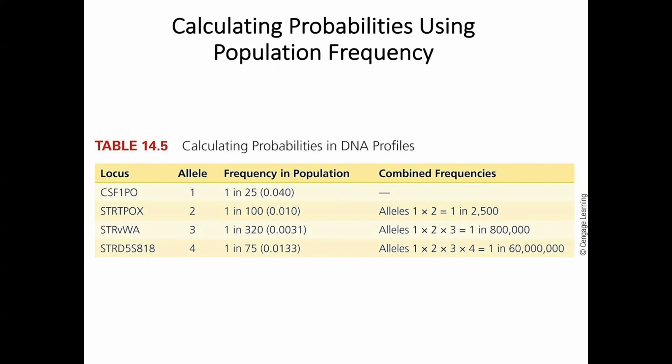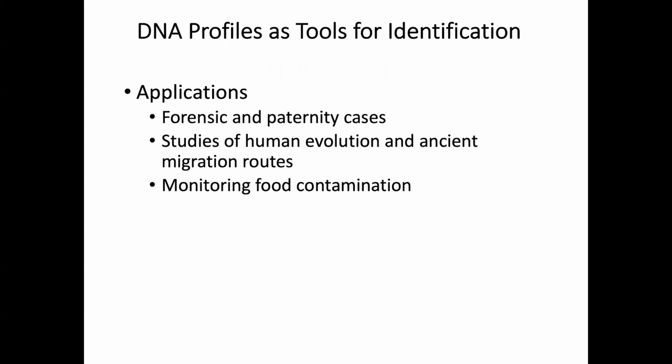Therefore, DNA profiling is a highly sensitive and accurate technology for genetic determination. Because of its accuracy, DNA profiling can be used as a tool for identification of forensic and paternity cases, studies of human evolution and ancient migration routes, and even monitoring food contamination.